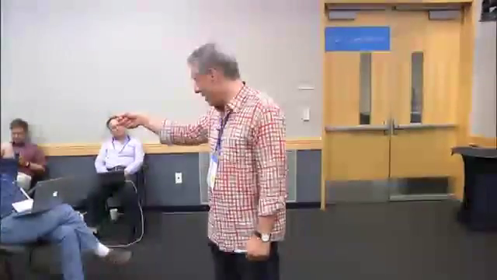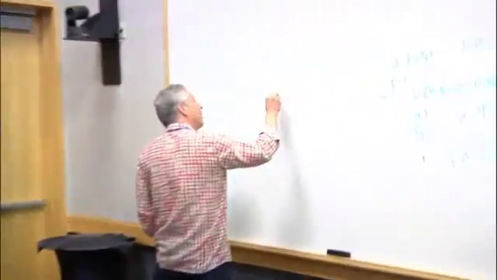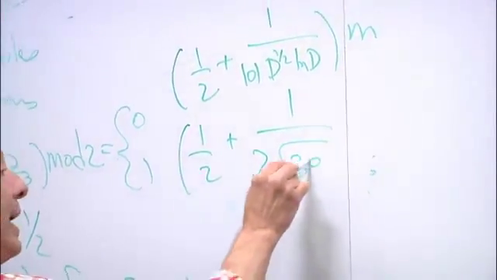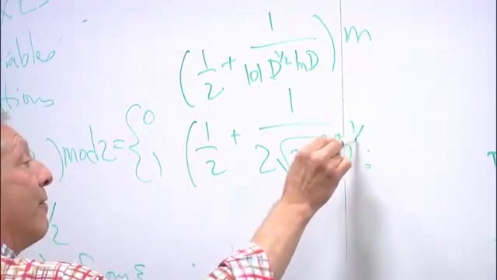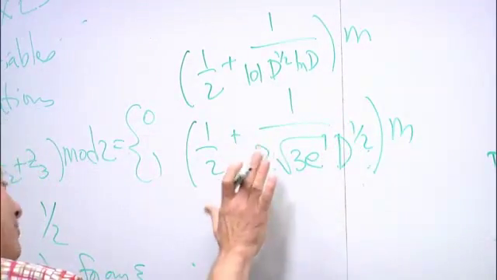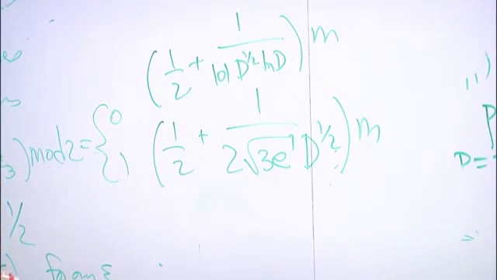If you specify the triples and then you average over that, you get what I'm about to show you, but it's also tight. It is very little spread. And what we get then is a half plus 1 over 2 square root of 3e d to the 1/2 times the number of equations. So our average case, or a typical case, is consistent with this.